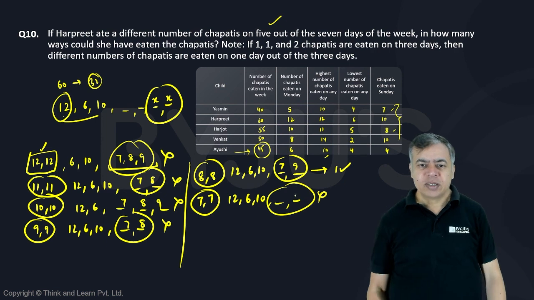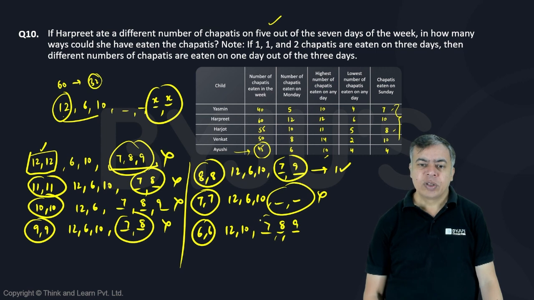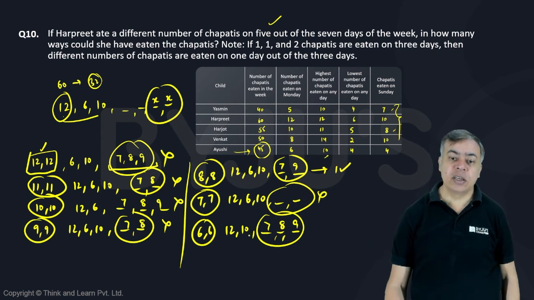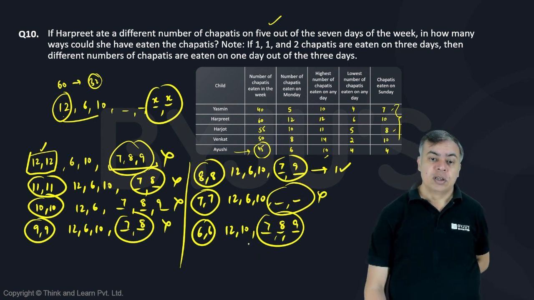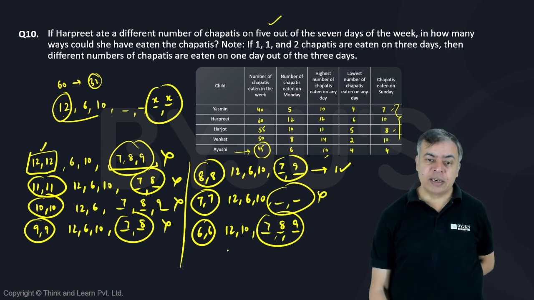Okay. So after that, if you take 6, 6, then you have 12 and 10 already there. So 12 and 12, 24, 10, 34, and 3 remaining. Right? If I take 7, 8 and 9, so total 24. This is 12, 12, 24, 24 and 10, 34. Sorry, it is 34. 34, so 26 remain.